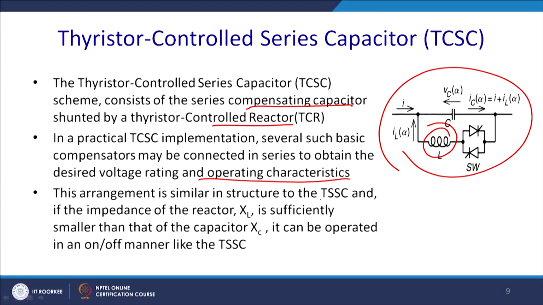This arrangement is a similar structure to the TSSC that we have discussed here, and if the impedance of the reactor XL is sufficiently smaller than that of the XC, it can be operated in on off manner like the previously discussed TSSC. Now, what will be its reactance?